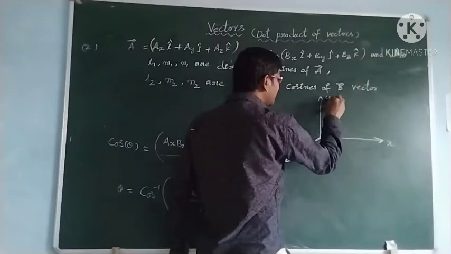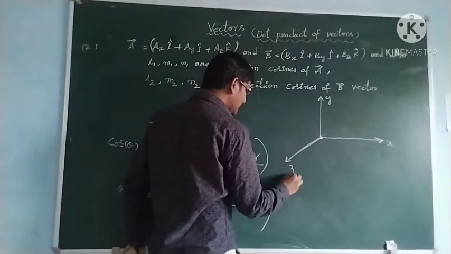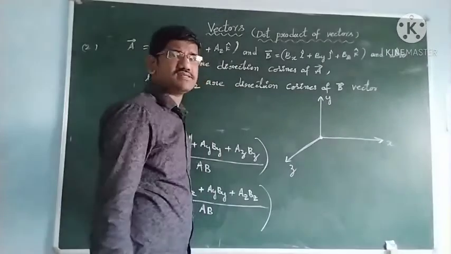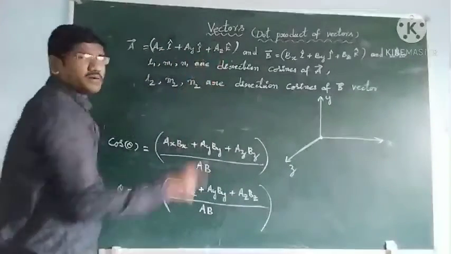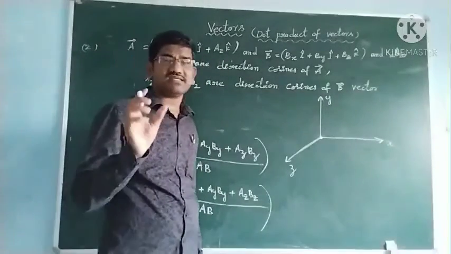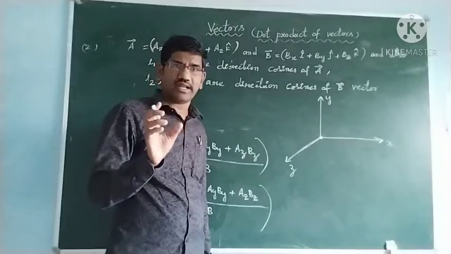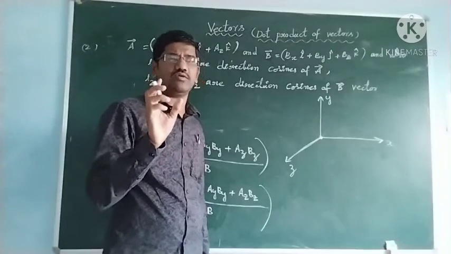A bar and b bar both lie in space because they have three coordinates: x coordinate, y coordinate, z coordinate.